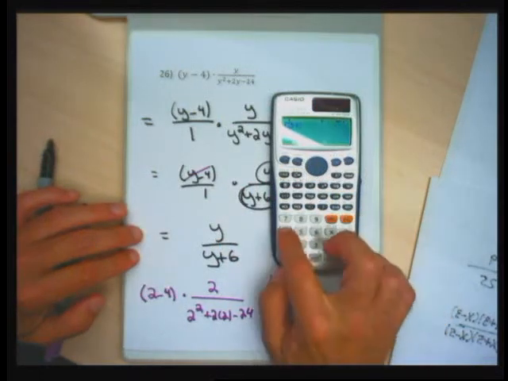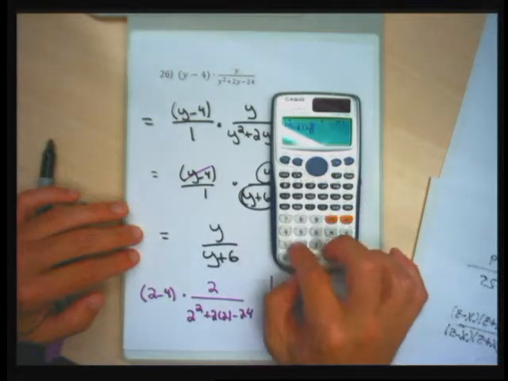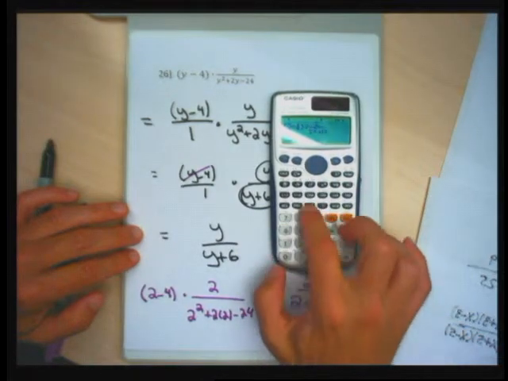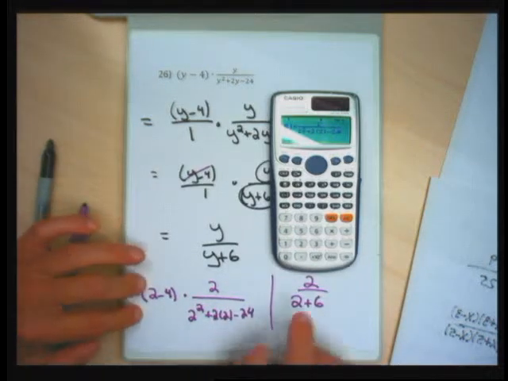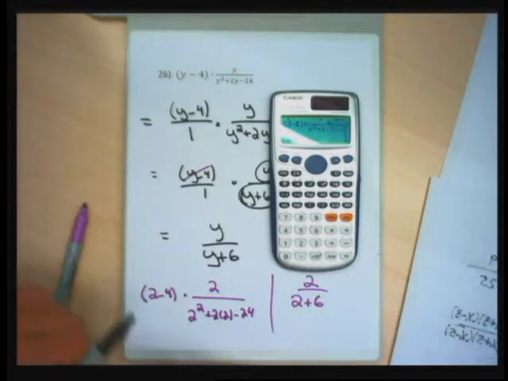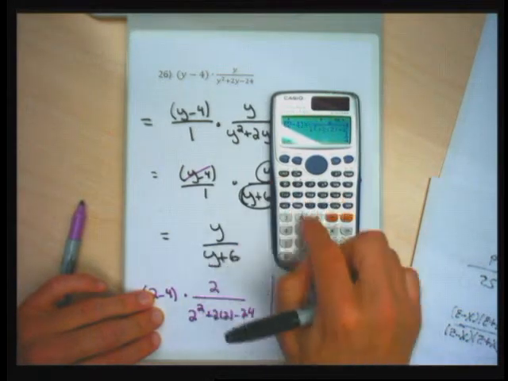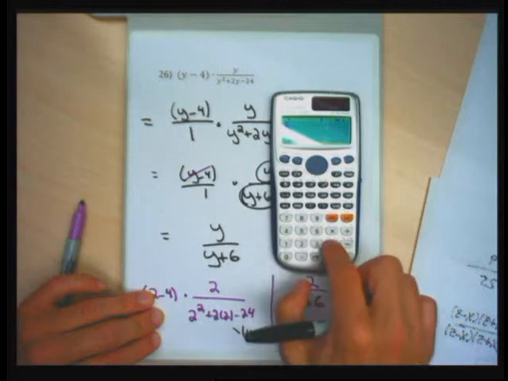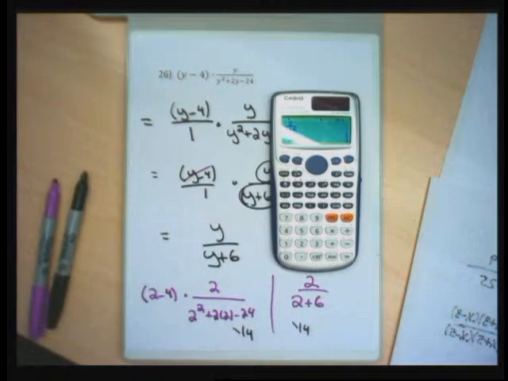That's plugging this version in. I get 1/4 when I do that. And over here, 2 over 2 plus 6, I also get 1/4. So I feel good about my work again.